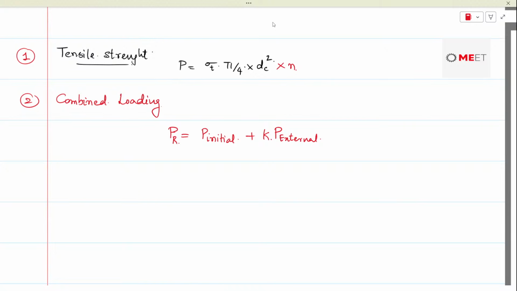The value of K is going to be somewhere between 0 to 1 based on the material conditions being used. This resultant load is equated against the tensile strength.